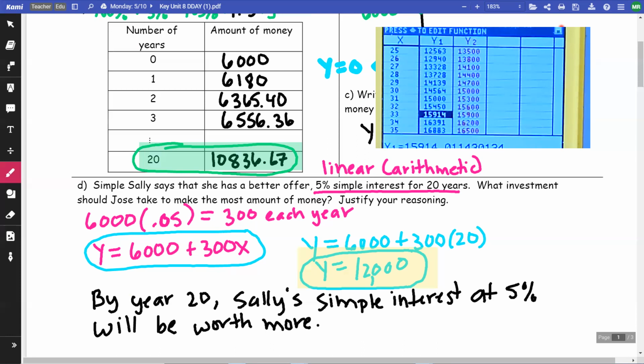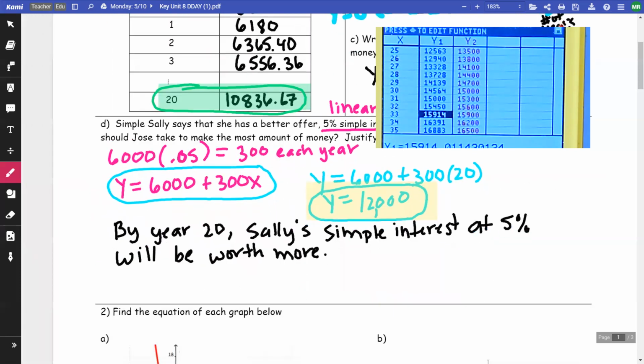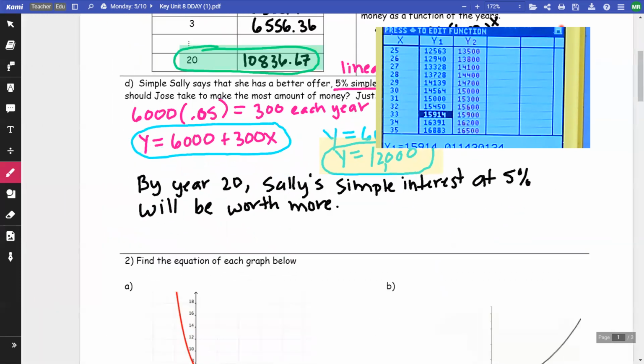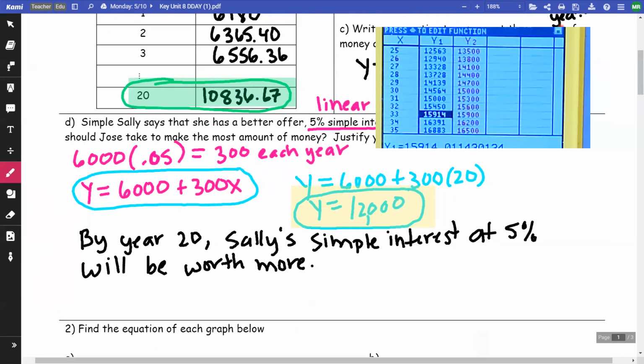So simple interest is good until year 33. At year 33, the compound interest is better. And here, let me just clarify, it is worth more. Simple interest.